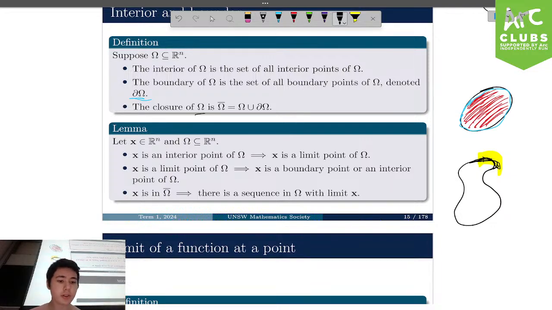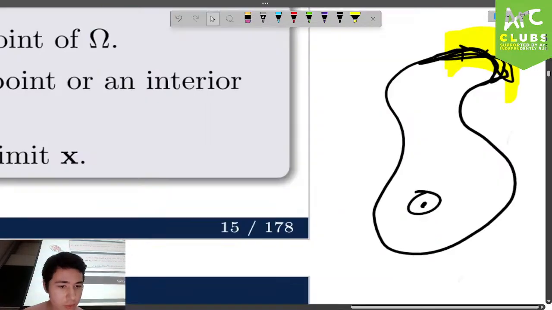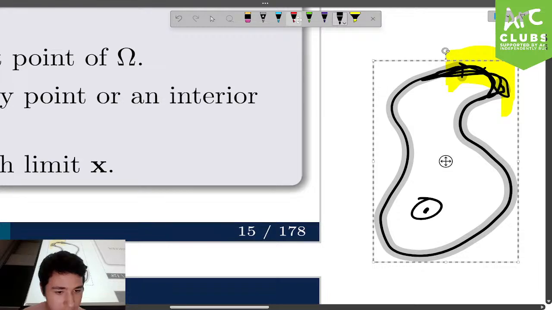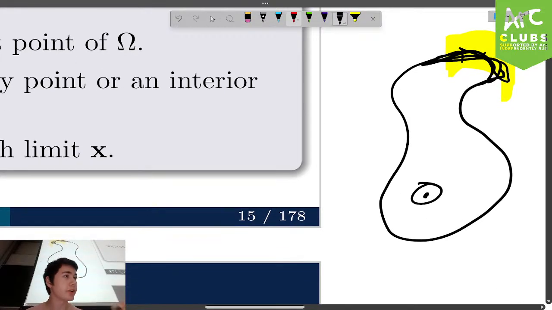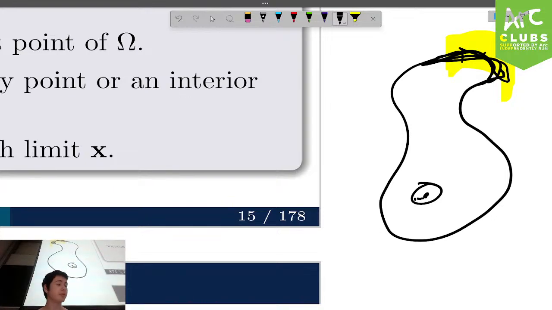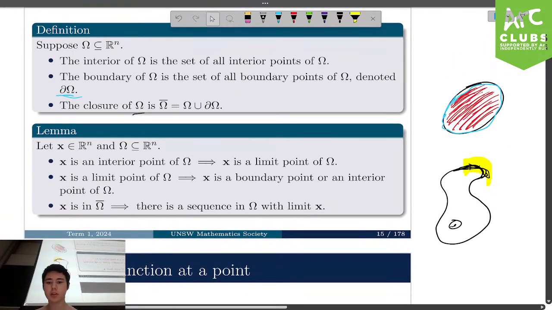How can we prove this? If I have some point and there's an epsilon ball like that, and I start my limit point sequence here, it can get closer and closer because there's space available. So that is a tick, fantastic.